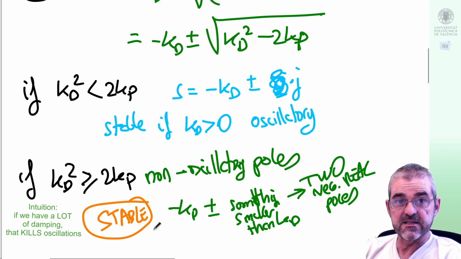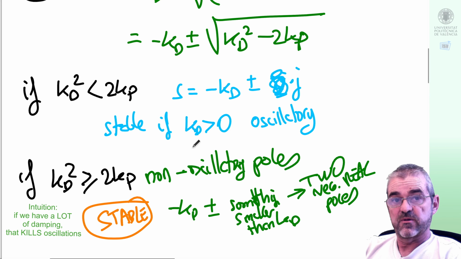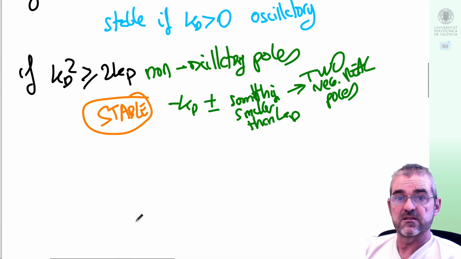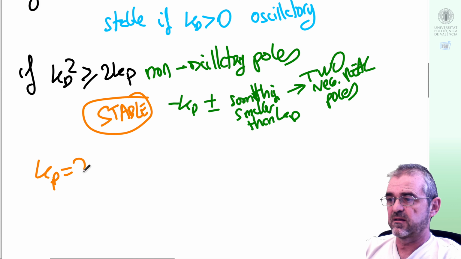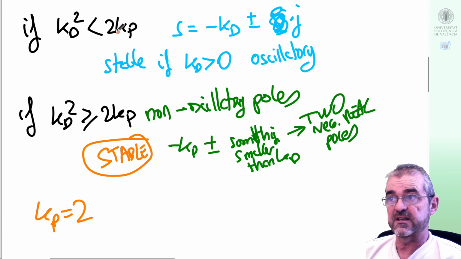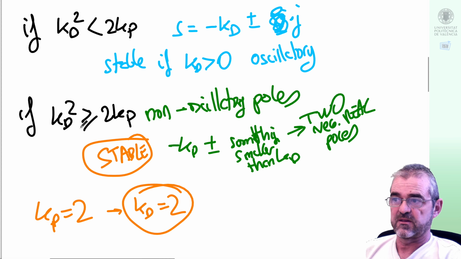So basically for positive kd and positive kp, this will be stable in both cases, and there will be one value of derivative action that will make this non-oscillatory. For instance, let us imagine that kp is 2, then the transition between oscillating and non-oscillatory behavior will happen at kd equal 2. In this case, my poles will start to be real.